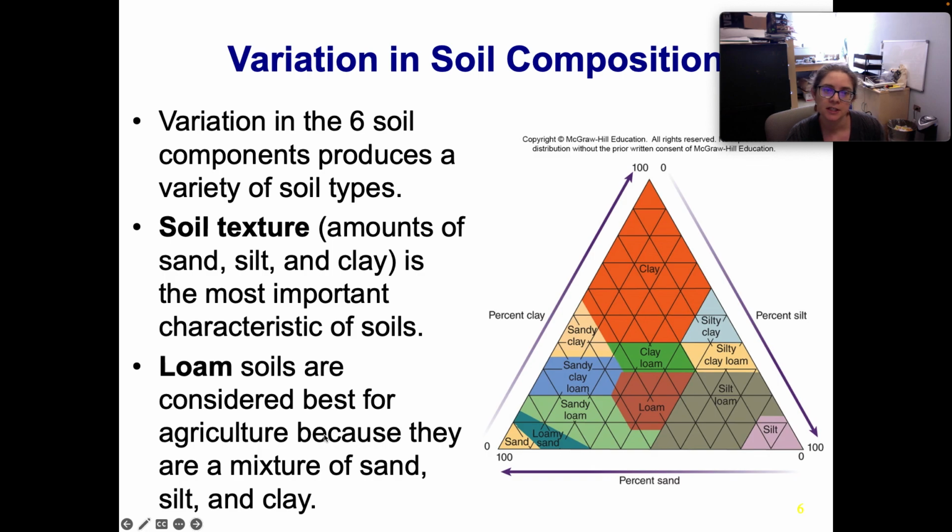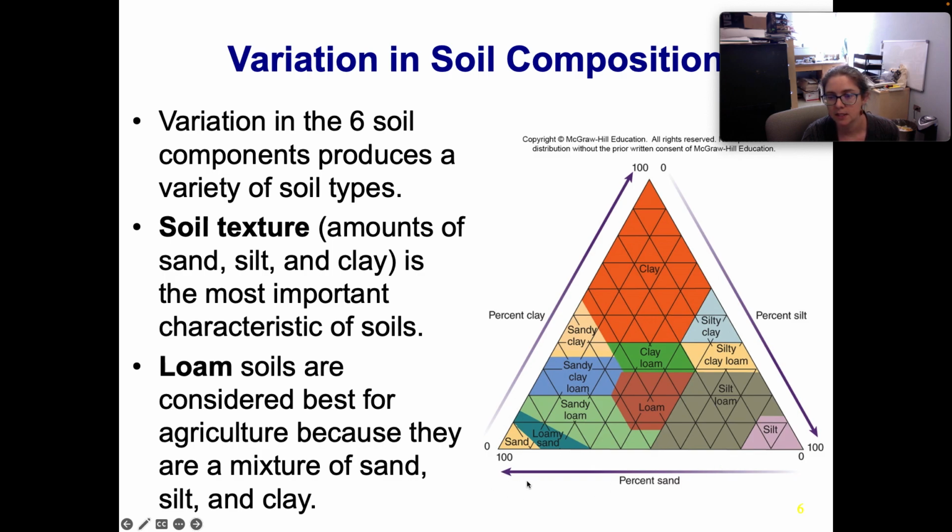So variation in these 6 soil components produce many, many different kinds of soil types. For agriculture, one of the most important characteristics is soil texture, which relates to the relative amounts of sand, silt, and clay. So this graph shows some of the different soil classifications based on texture.